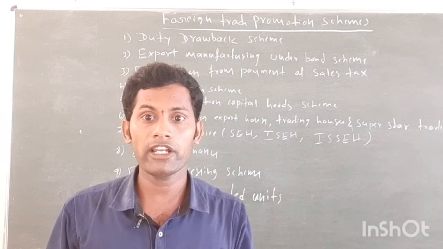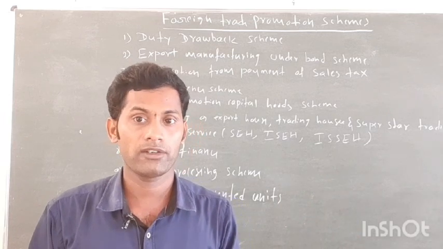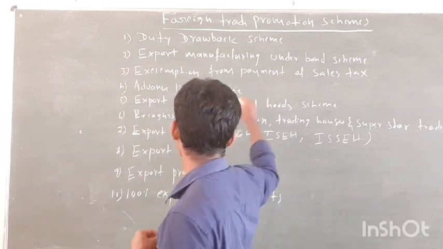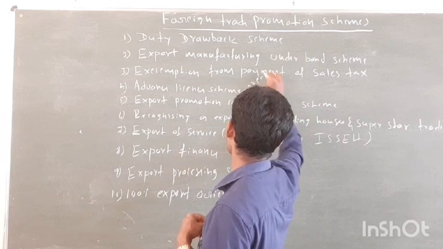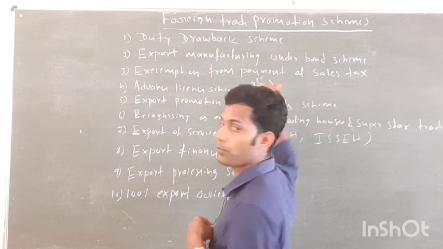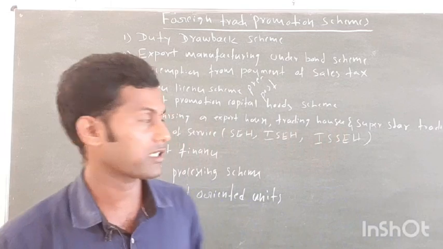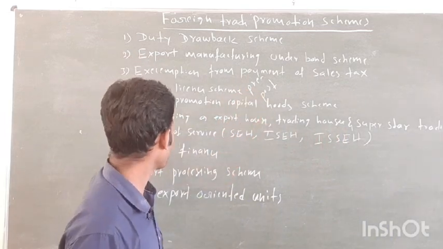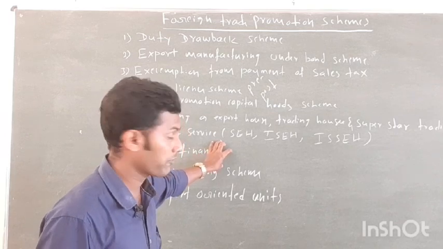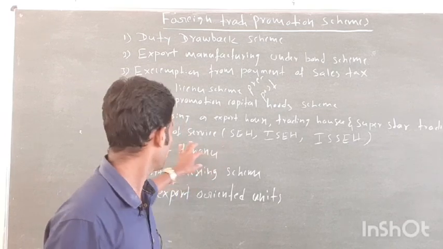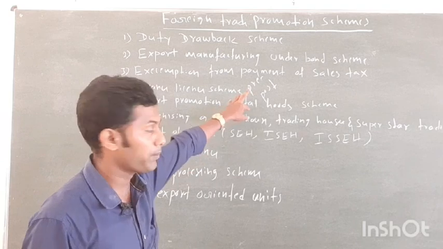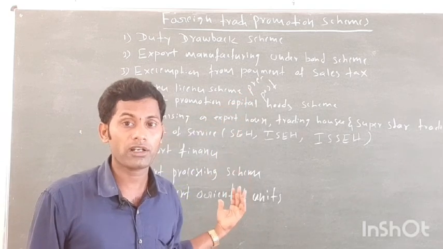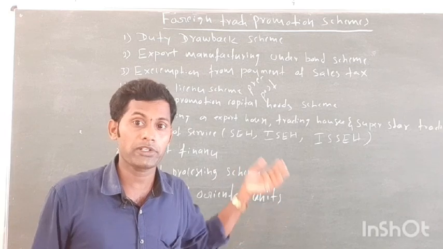So, they get two types of finance. First one, pre-shipment finance. Second one, post-shipment finance. Pre-shipment means before shipment, this fund can be used for purchase of raw materials and producing the goods.